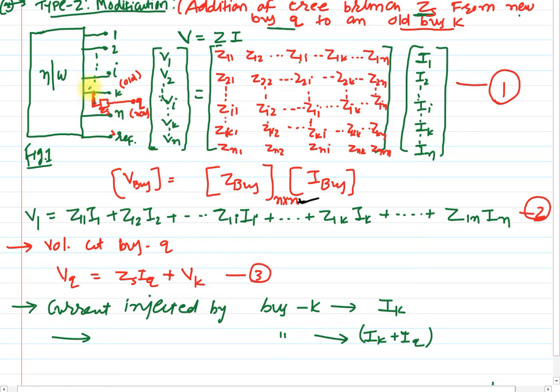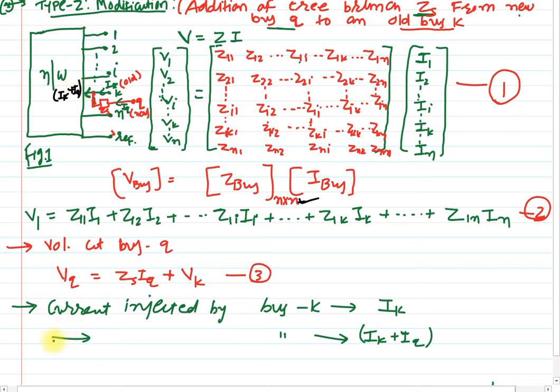Previously it was only the IK, but now after addition of this new bus Q with the current IQ, the total current injected by this kth bus into the system is IK plus IQ. Clear?